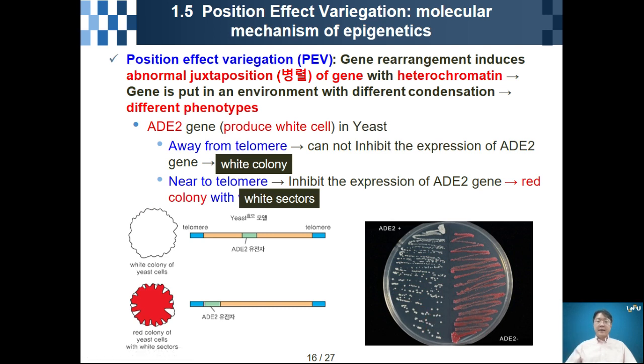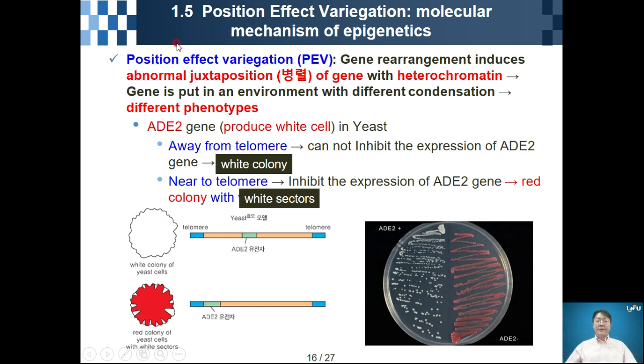In this case, the ADE2 gene is far away from the telomere, so it means that it is located in the euchromatin region. So it means that the heterochromatin region cannot inhibit the expression of the ADE2 gene. It means that it can produce the white cell.